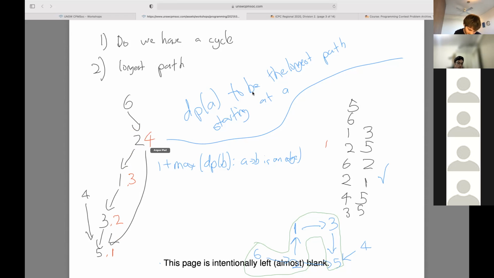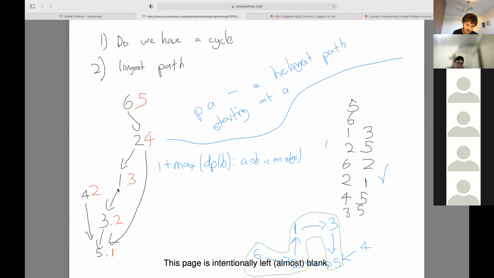Here we get 5, and here we get 2. This will find the longest path starting at each of the vertices given. And this is computed in linear time, because there are order n states in our dynamic programming solution and an order 1 recurrence. So it's an order n solution to find the length of the longest path in the DAG, and that's precisely the answer.